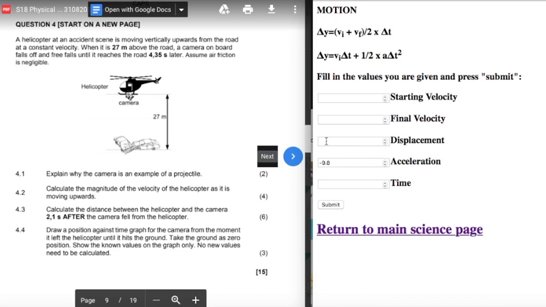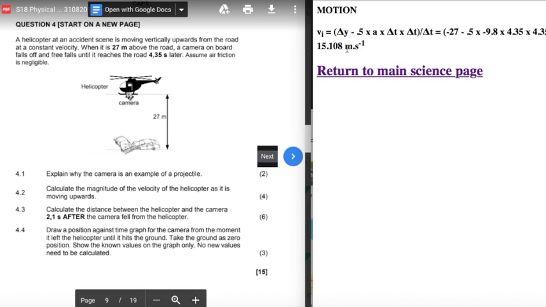Let's put in the displacement, minus 27 meters, and the time, 4.35 seconds. Now we have enough: the time, the delta y, and the a. So now we click submit.